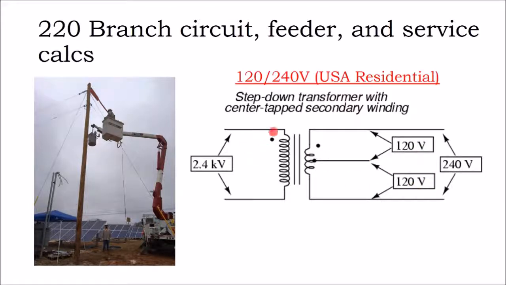It's how we step down our medium voltage from the power lines that may be operating at 2,400 volts, how we step that down to 240 volts, and then again to the 120 volt circuits inside our home.